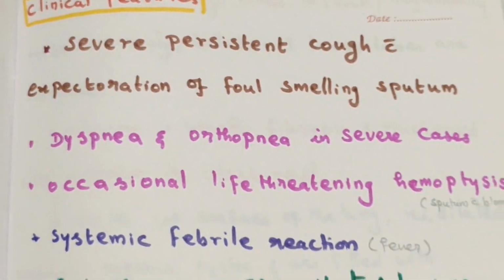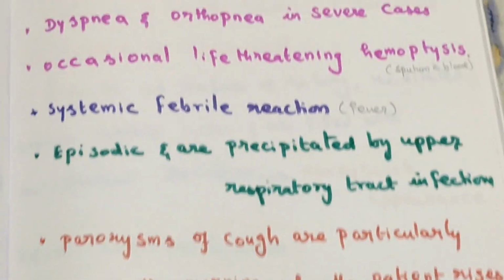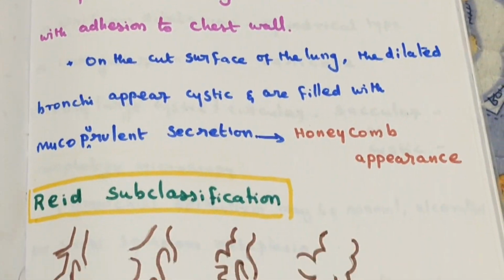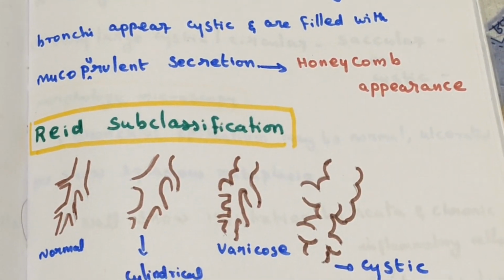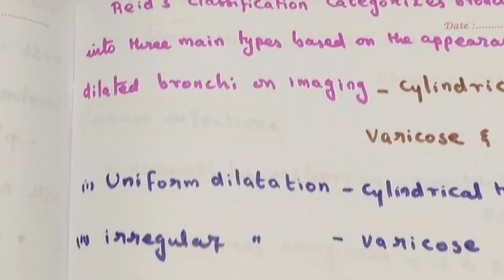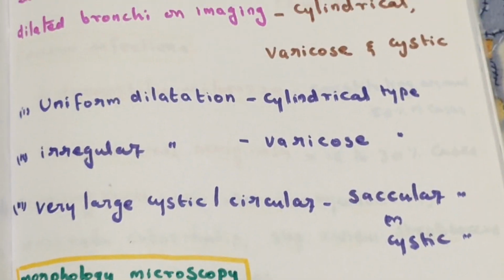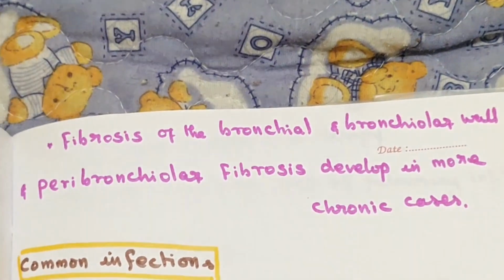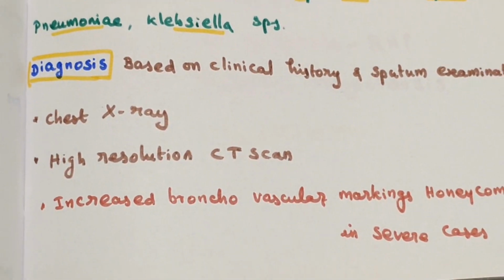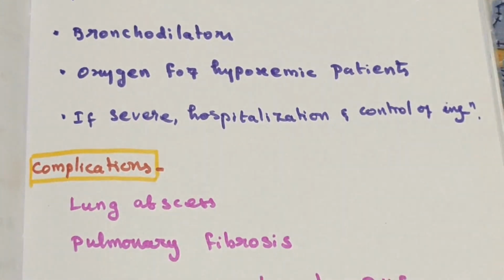Then clinical features, the signs and symptoms, then gross, how it presents, then microscopic, one more thing, the Reid subclassification, then morphology on microscopy, then what are the common infections, how to diagnose, then what are the treatment and complications.